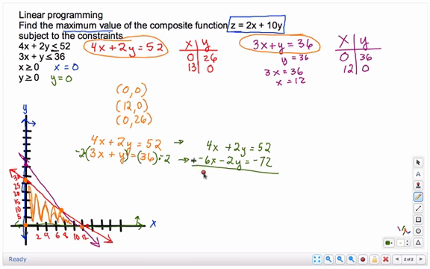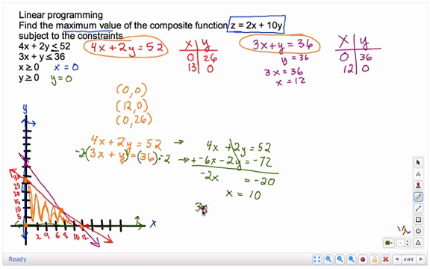4x plus a negative 6x is a negative 2x. The y's cancel each other out, and 52 plus a negative 72 is a negative 20. Divide both sides by a negative 2. You get x equals 10. So that's the x coordinate that we were looking for. So we can find the y coordinate by plugging it back into one of your original equations.